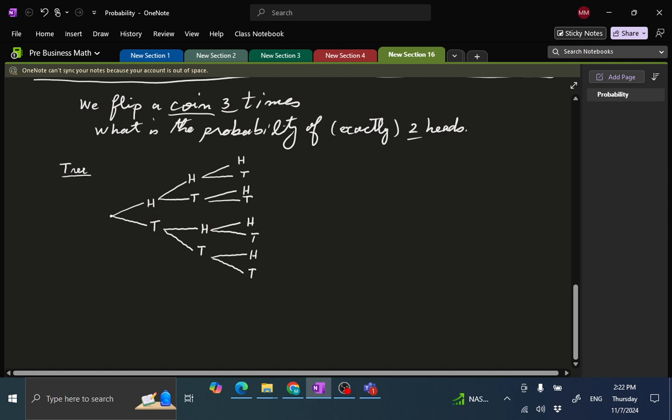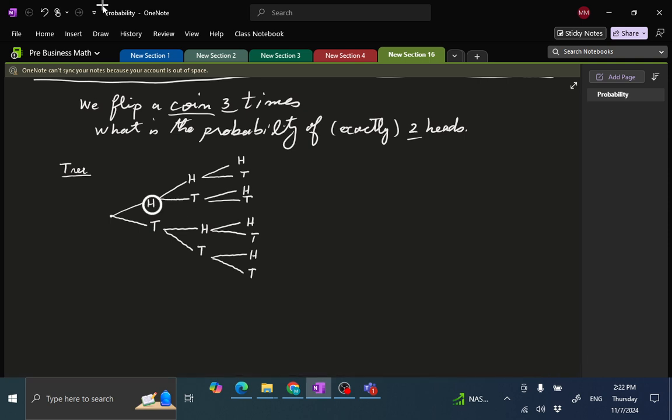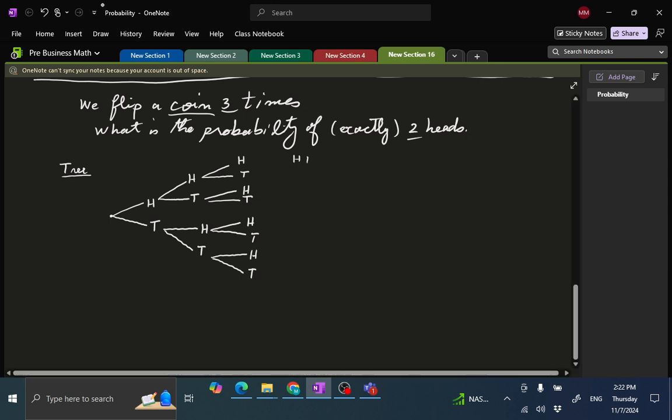So notice, for the sake of a pattern to emerge, we are going to do all heads first and tails next. Now we go from the root through a branch all the way to the end and see what happened. First it landed heads, then heads, then heads. So here I list the outcome if I go through that branch. Here I have heads, heads, tails. Then heads, tails, heads.